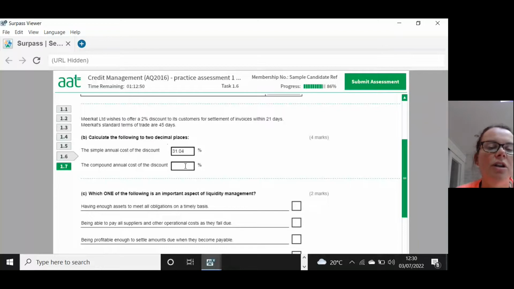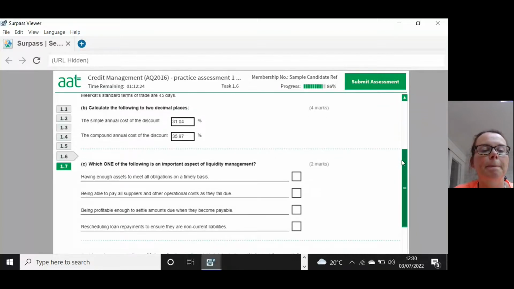Make sure that you can do that correctly. So we're doing 1 plus 2 divided by 98 raised to the power of 365 divided by 24 minus 1 times 100. If anyone's having problems with that, let me know by sending me a message.